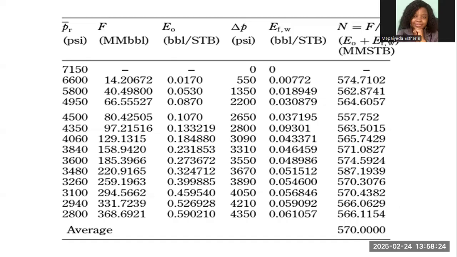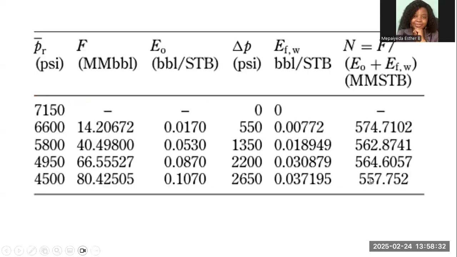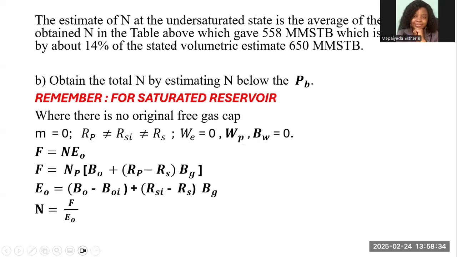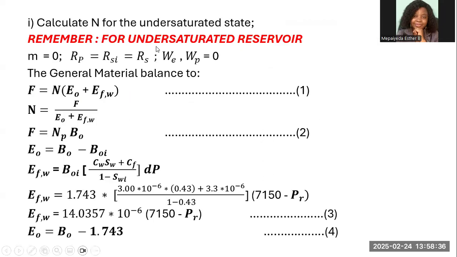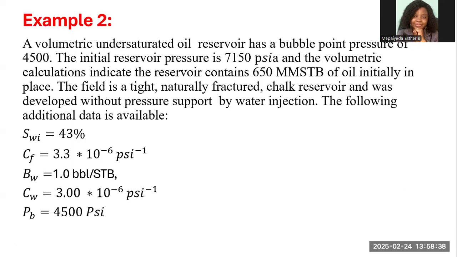The estimate given from the volumetric calculation is 650. I believe you can still recollect that. Let me go back to the question. Okay, so it says the initial reservoir pressure is 7150 psi and the volumetric calculations indicate the reservoir contains 650 SCB of oil initially in place.